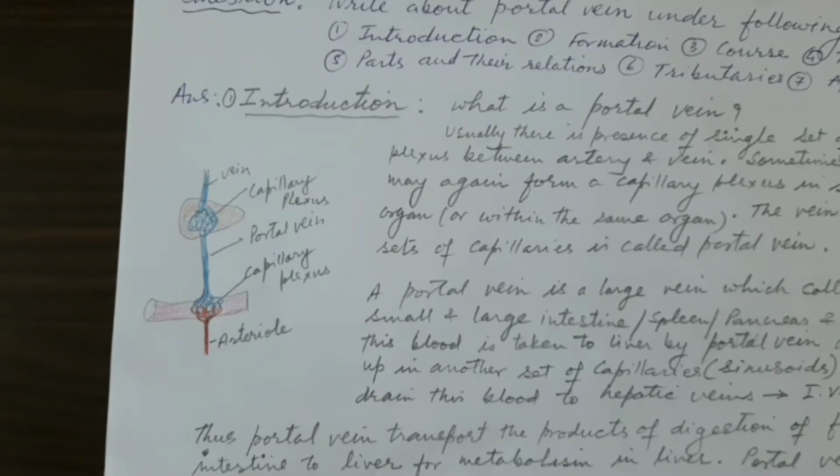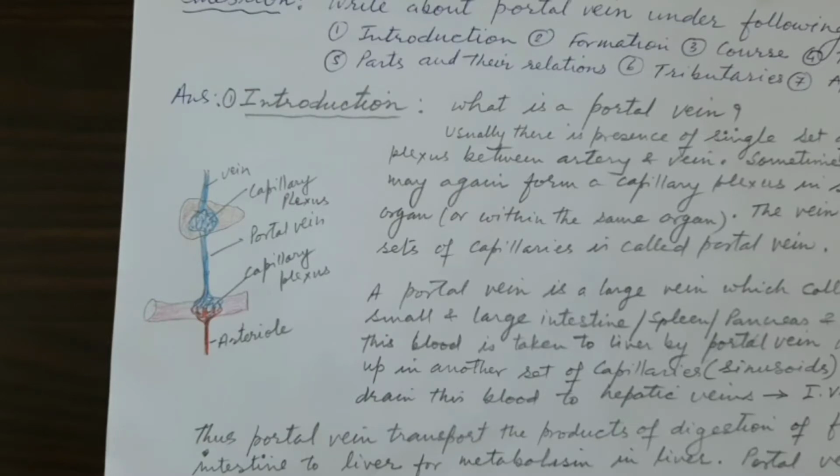Now the portal vein here in the abdominal cavity transports the products of digestion. So the food which we eat is in the process of digestion, and this partly digested food from the intestine is brought to the liver for further digestion or metabolism.